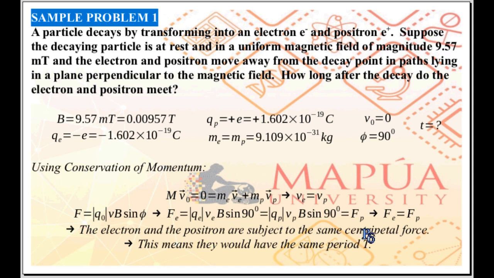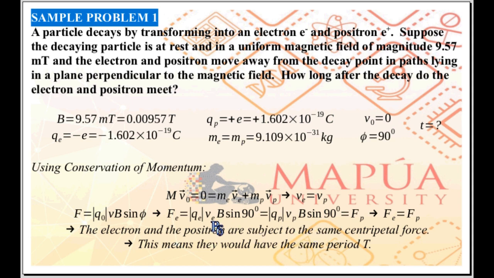If we do the same thing with the positron, the magnetic force magnitude experienced by the positron is absolute value of the positron charge times speed of the positron times magnitude of the magnetic field times sine 90 degrees, 90 degrees being the angle between the velocity of the positron and the magnetic field.